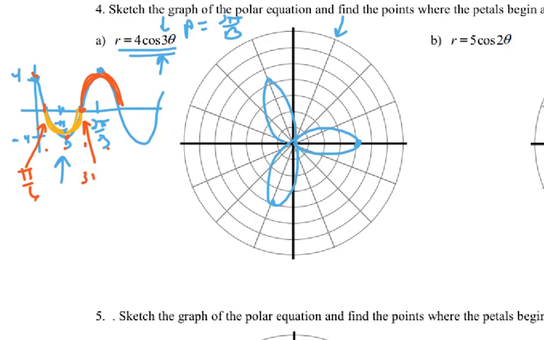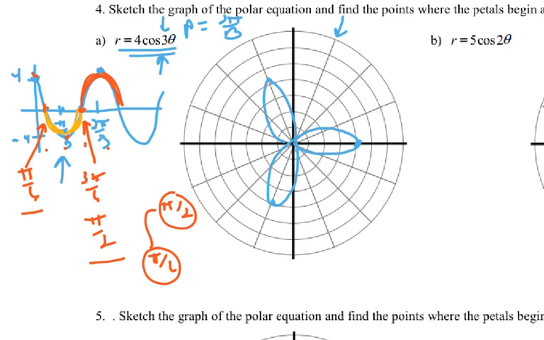So 3 pi over 6 is pi over 2. So one of the petals starts at pi over 6 and ends at pi over 2. If we were integrating the area of one petal, we would just go from pi over 6 to pi over 2. Those would be our bounds, and we found that from this graph right here.